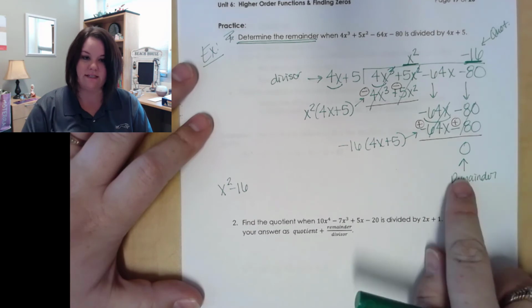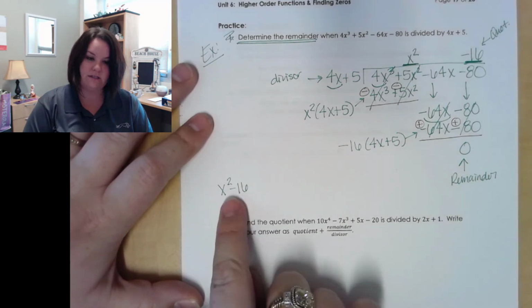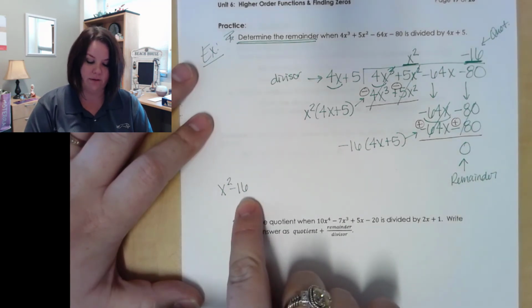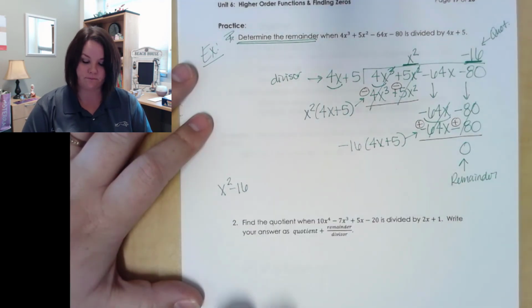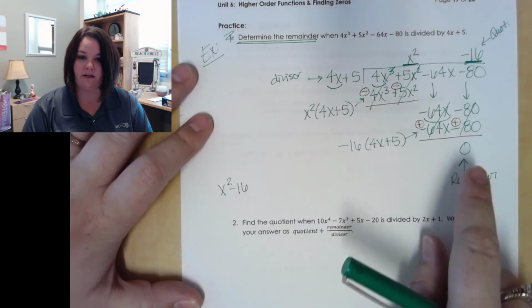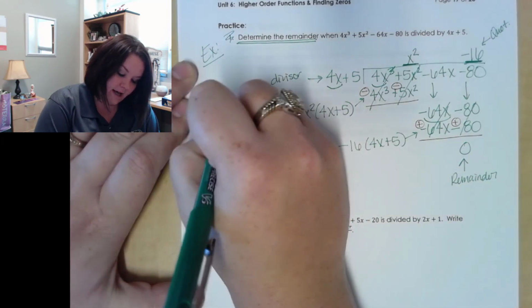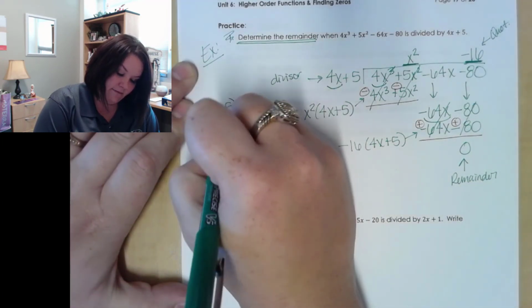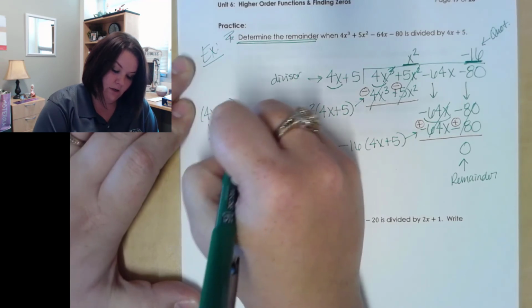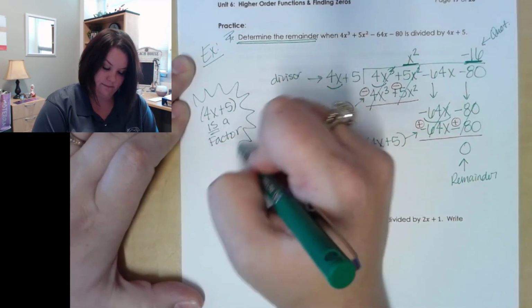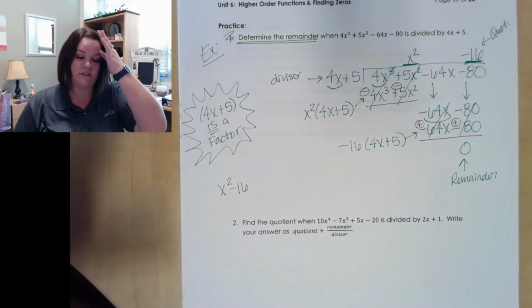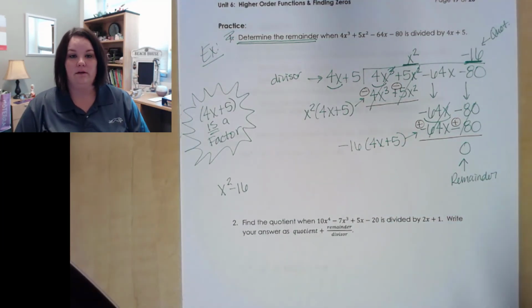But since my remainder is 0, this would just be my solution. I don't have to write 0 over my divisor. Because my remainder is 0, that means that 4x plus 5 is a factor of the given polynomial. Because we had no leftovers, it went in evenly.